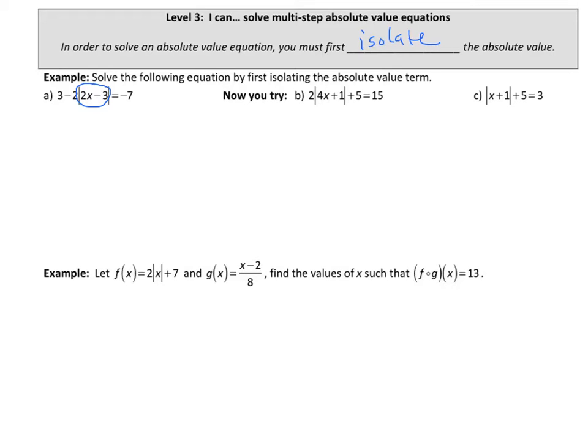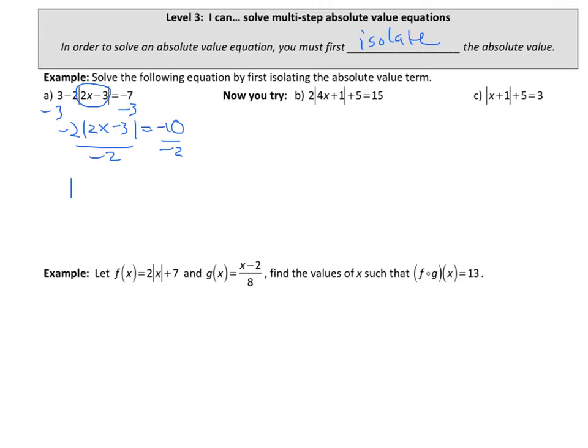To get it by itself, first I would subtract 3 from both sides, and we get negative 2 times the absolute value of 2x minus 3 equals negative 10. And then I want to get rid of that negative 2 in the front. Since it's being multiplied by negative 2, I'm going to divide both sides by negative 2.